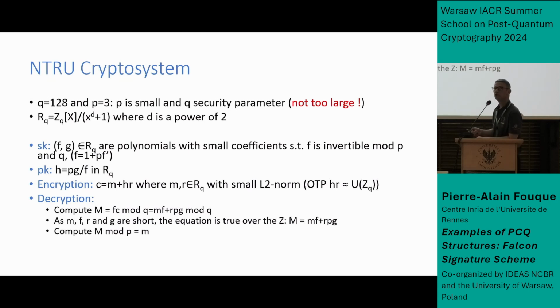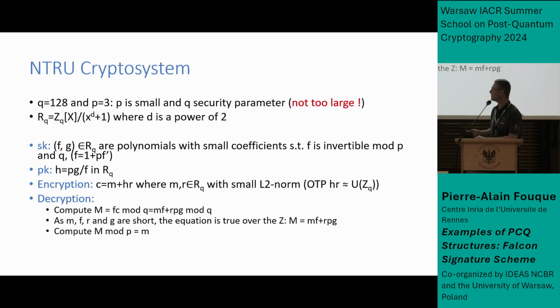But if the polynomial is short, that means that the value that you get, m, does not hold only mod q, but it will also hold over the integers. Okay? So here, there is no modulo q. And so to decrypt, you just have to compute everything mod p. Okay, it's easy to see because f mod p is equal to 1, according to how we defined f. And here, you see that you have a multiple of p, so that this term completely cancels out, and you just recover m.